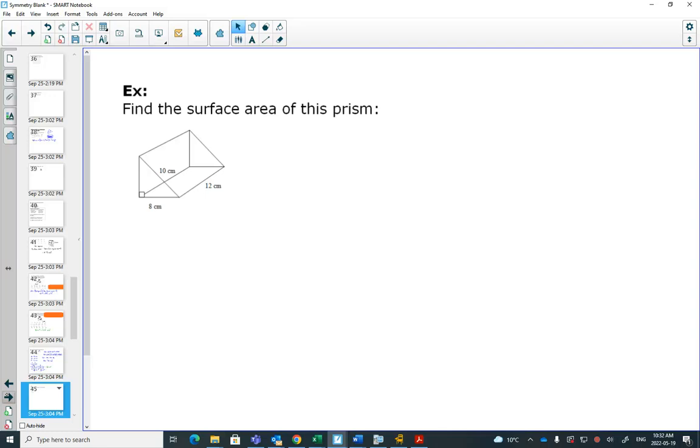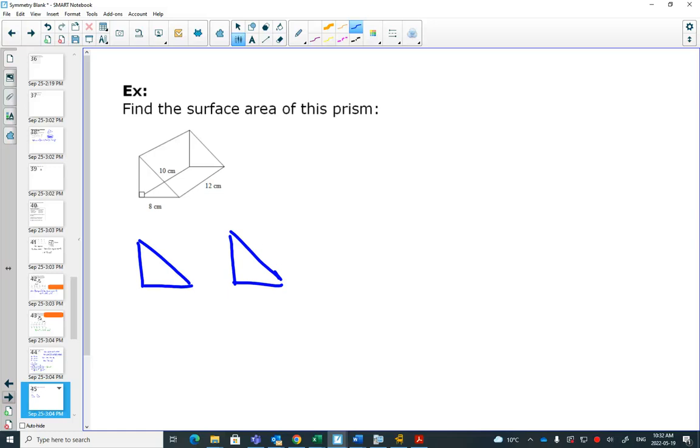So we do have to use that, so break up all your sides. Can you see that you have 2 triangles? And can you see that this is made up of 3 rectangles?